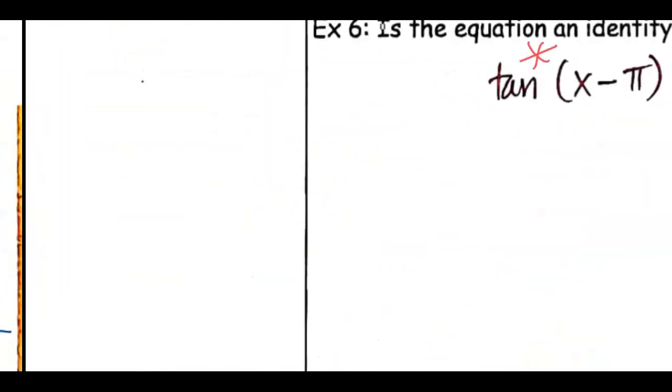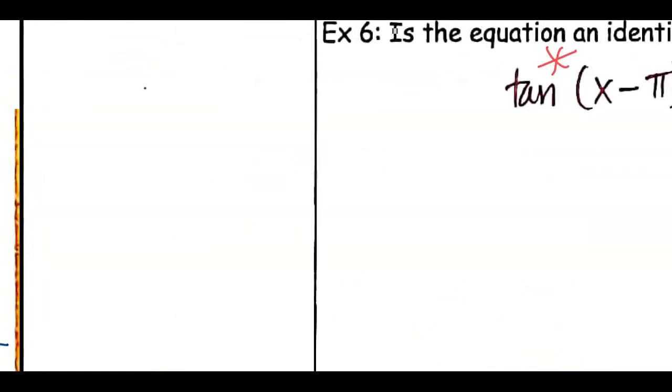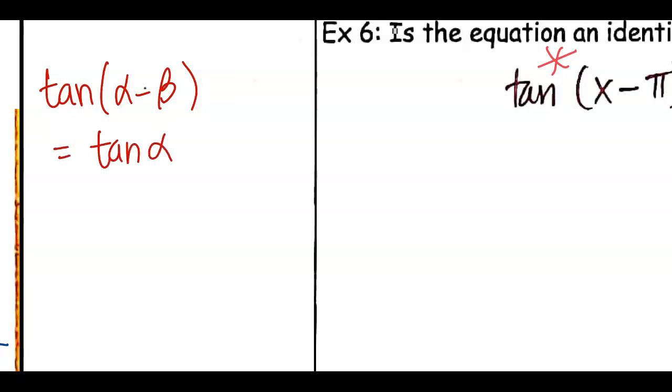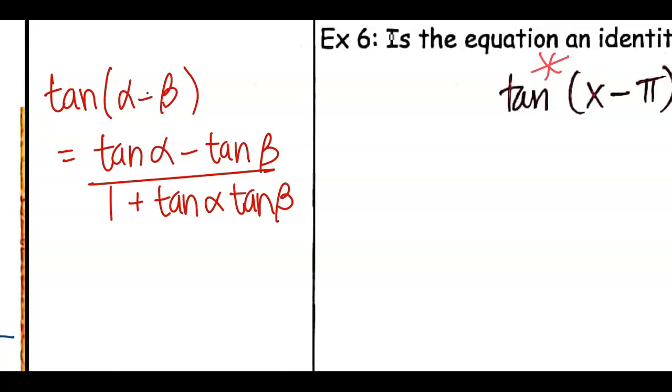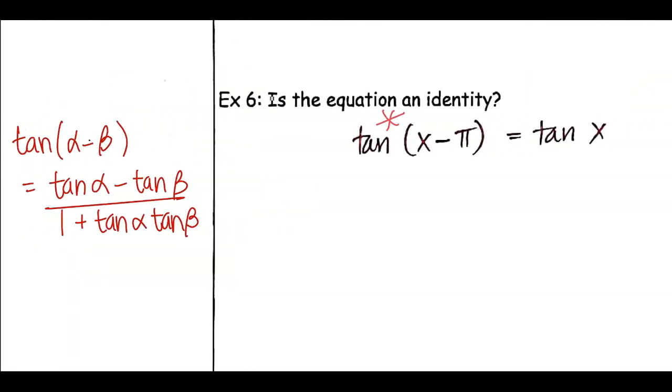So first thing I'm going to do is recopy my formula. We're going to have tangent of alpha minus beta, and that's going to equal tangent alpha minus tangent beta all over 1 plus tangent alpha times tangent beta. Okay, so we're going to take that information and substitute it in.